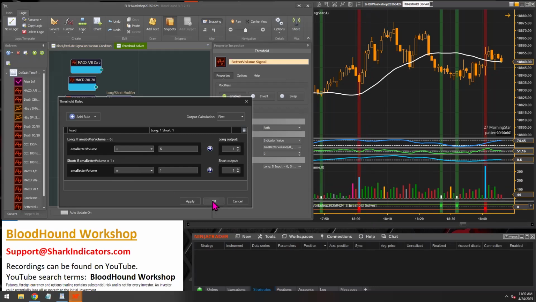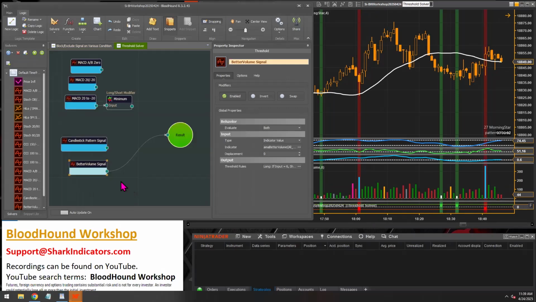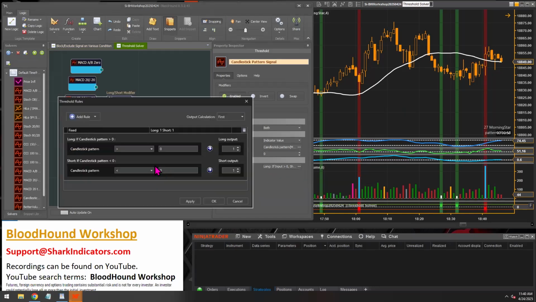So another comment here. Let me go back to the candlestick pattern indicator. So we know that the candlestick pattern only outputs a value of +1 there when a pattern is found.